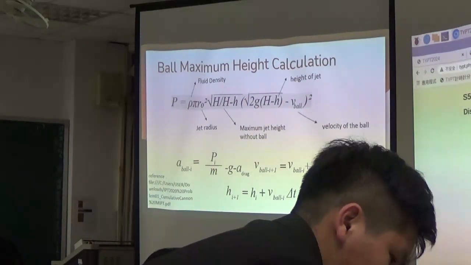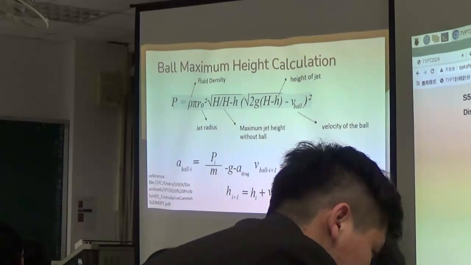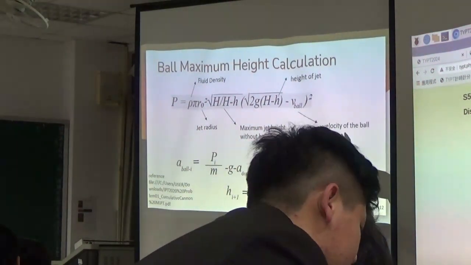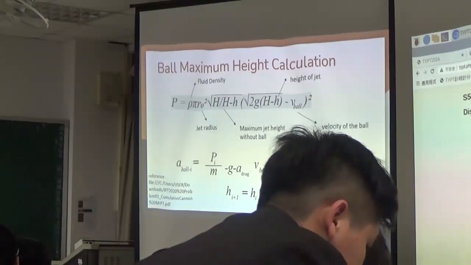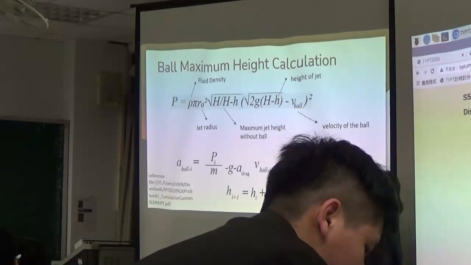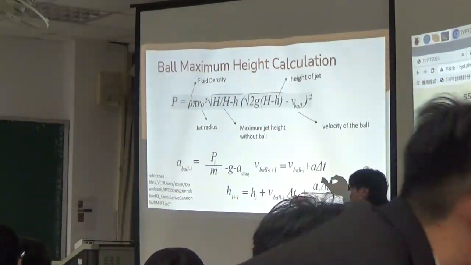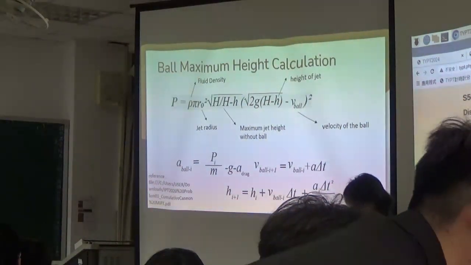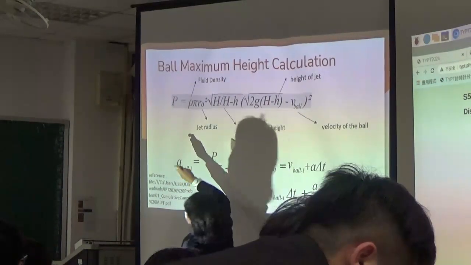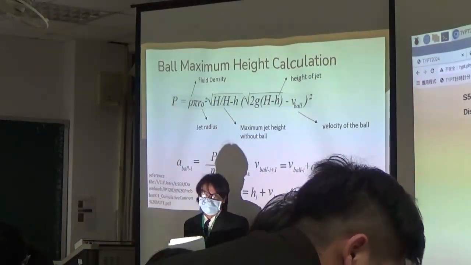So you consider that the fluid density will also affect the pressure, the P, right? So because you say that you ignore the viscosity of the water, could you explain more about why there's still fluid density? I didn't really understand it. I mean why they still have to consider the fluid density.